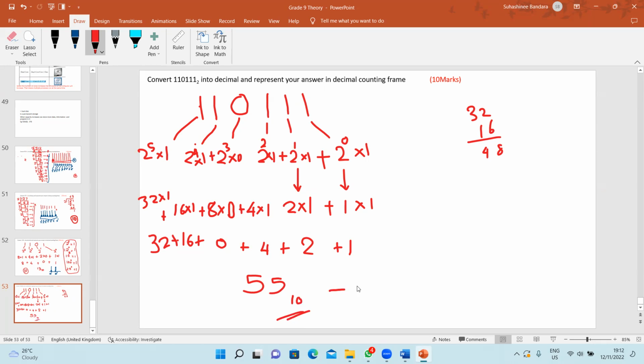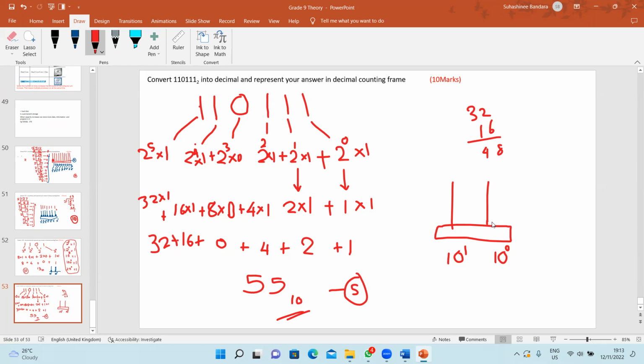If you have this, 5 marks, then counting frame. So just look at this one also. 10 to the power 0. 10 to the power 0 means 1. Okay. Then 10 to the power 1.